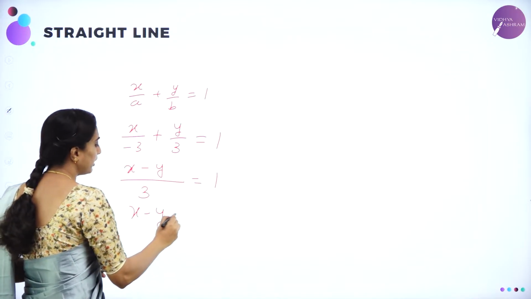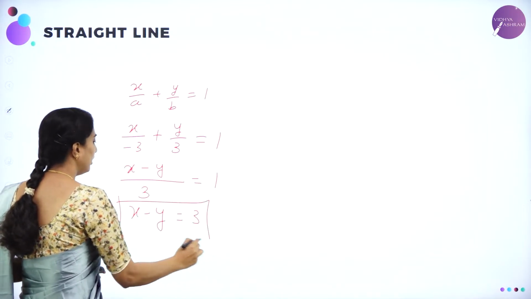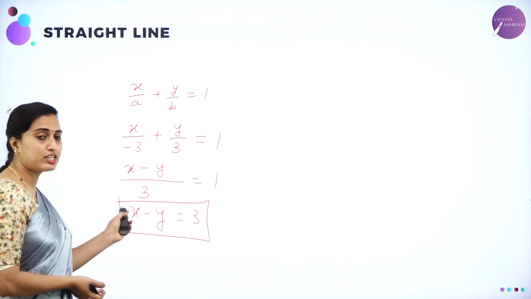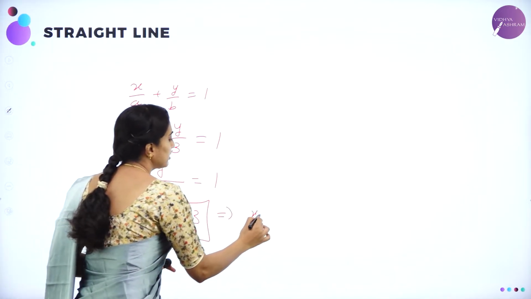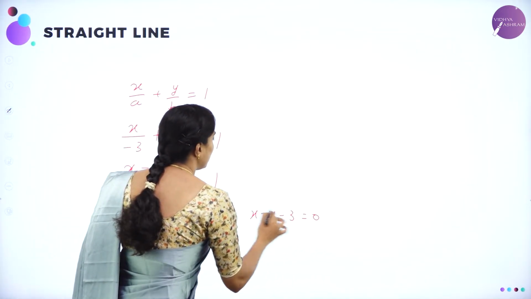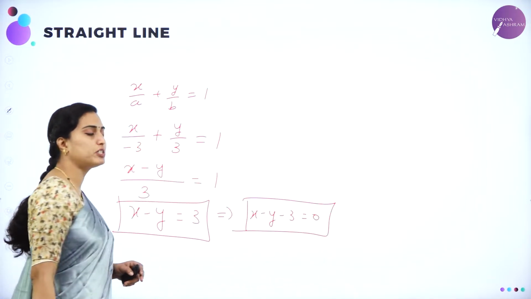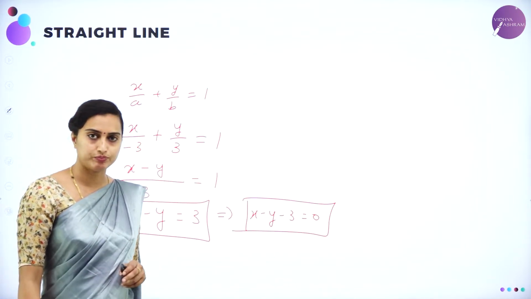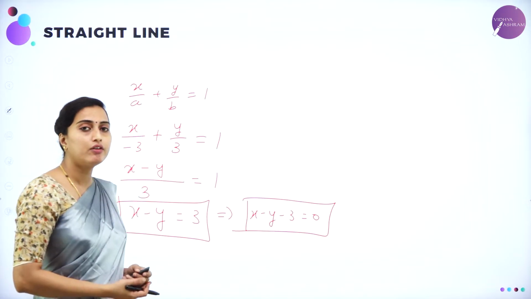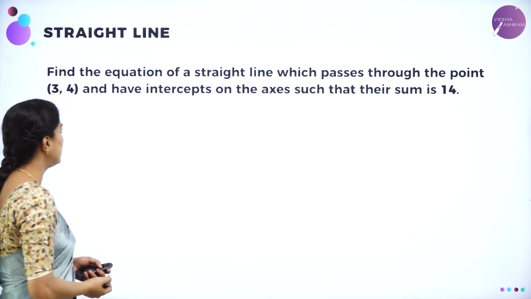You can take 3 as the LCM, which gives x minus y is equal to 3. This is your equation. Otherwise, x minus y minus 3 equal to 0, which is in the form of ax plus by plus c equal to 0. I hope you got this one. We'll move on to the next question, dears.